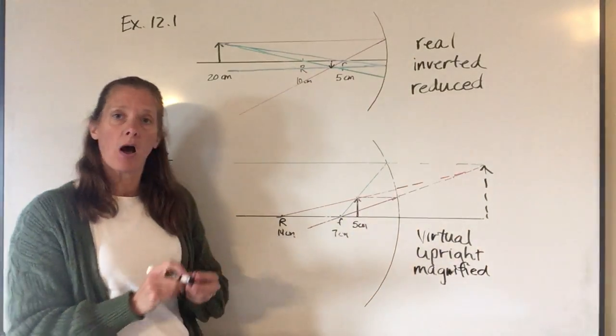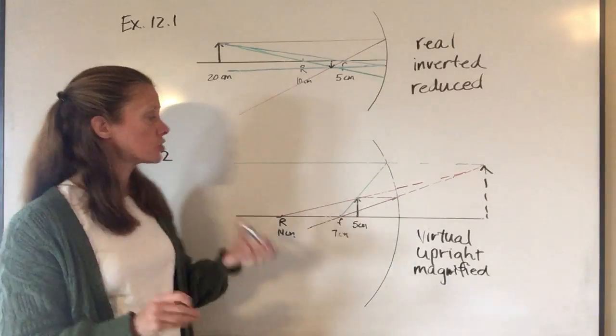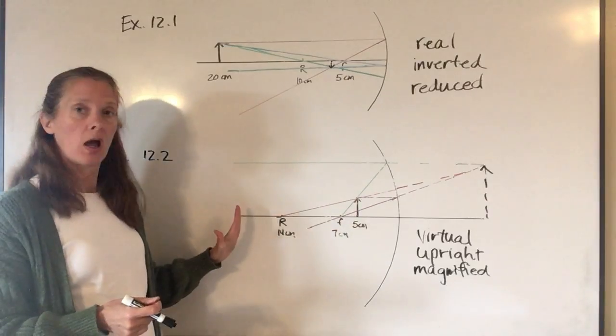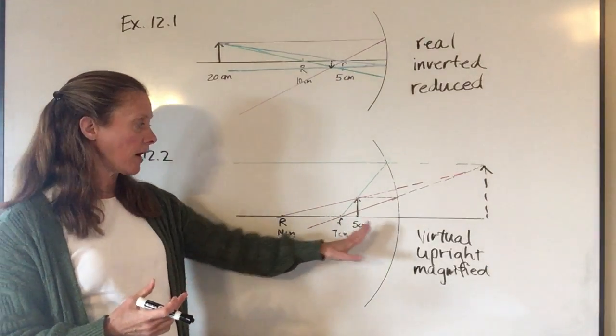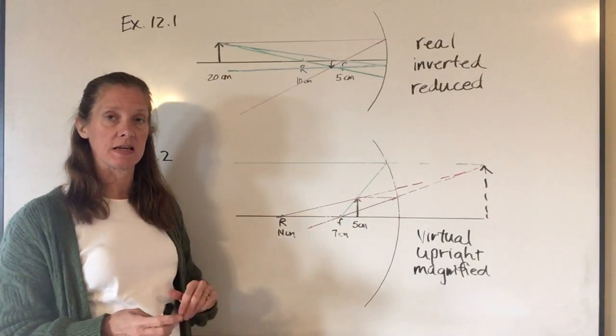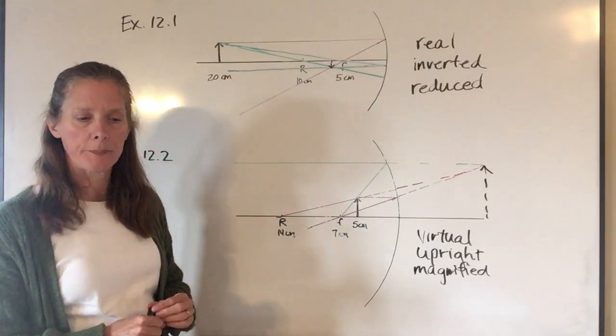Now, both of these are concave mirrors, so what you can see is that it all has to do with where, in relation to the focal point and the center of curvature, your object is located.